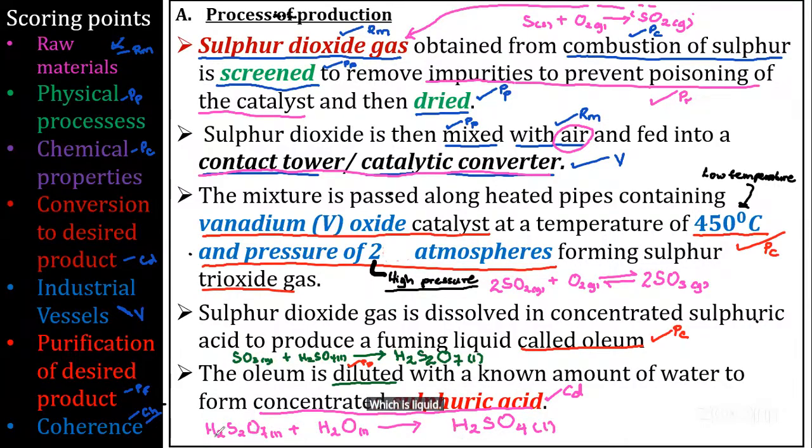If you look at the hydrogens on the reactant side, 2 from the oleum and 2 from water, they become 4. So I will simply multiply sulfuric acid by 2. You will find out that the equation will eventually balance itself. So ideally, that is the industrial process of production of sulfuric acid.